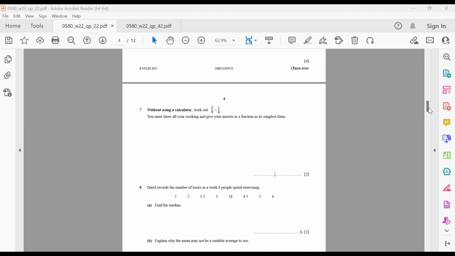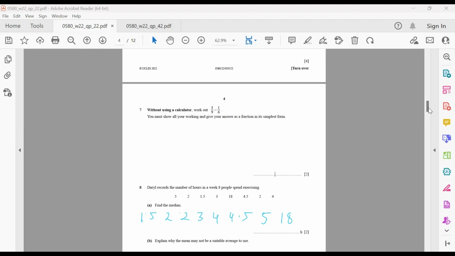Okay, so now the next question is about your median. Your median is basically the midpoint of your range of values. To do this, you first have to arrange them in ascending order. So let's do that. We know that 1.5 will come first, then 2, and again 2, then 3, then 4, then 4.5, then 5, then 18.